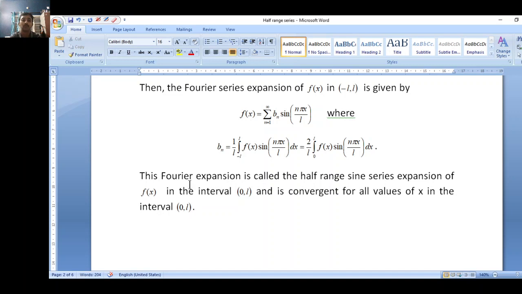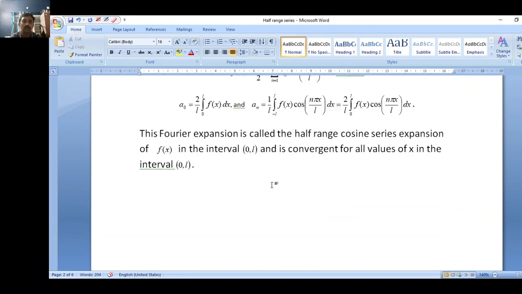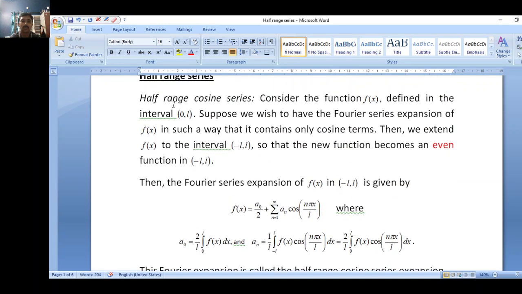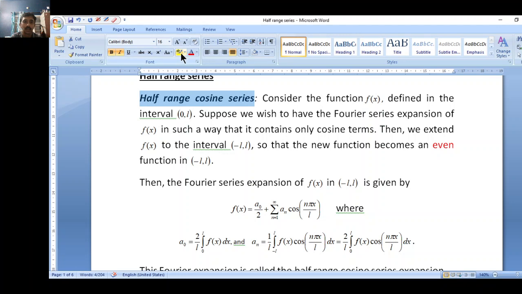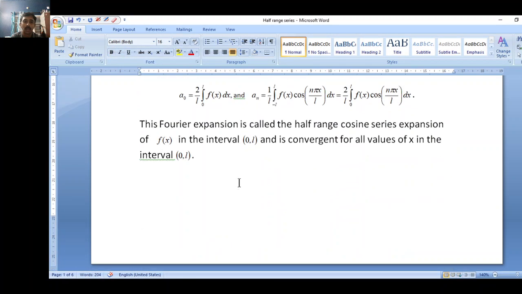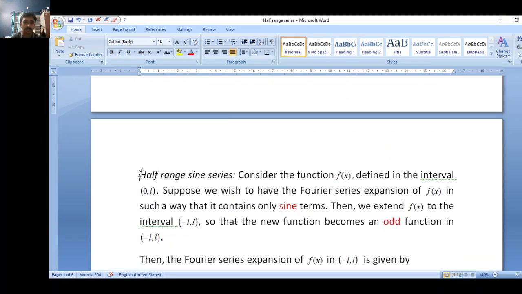So these are the two particular half range series expansions of any function f of x. One is called the half range cosine series, and the other one is called the half range sine series.